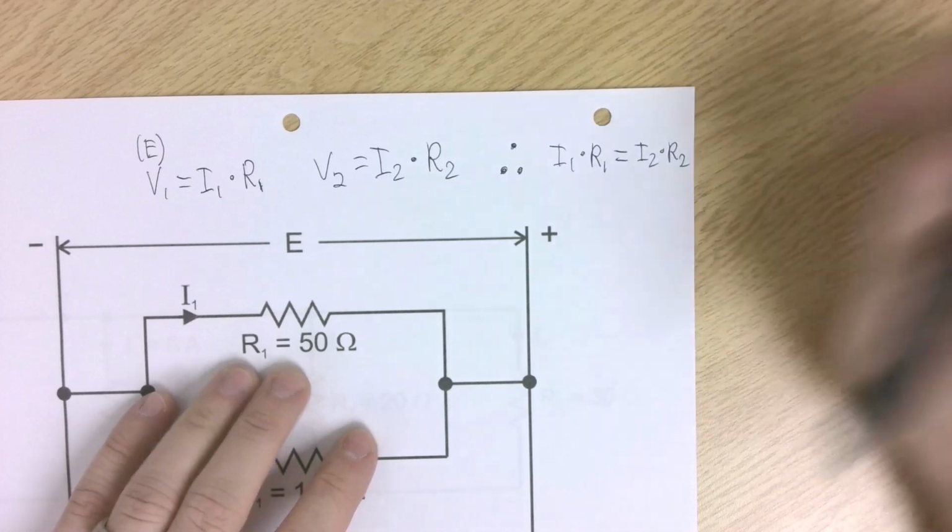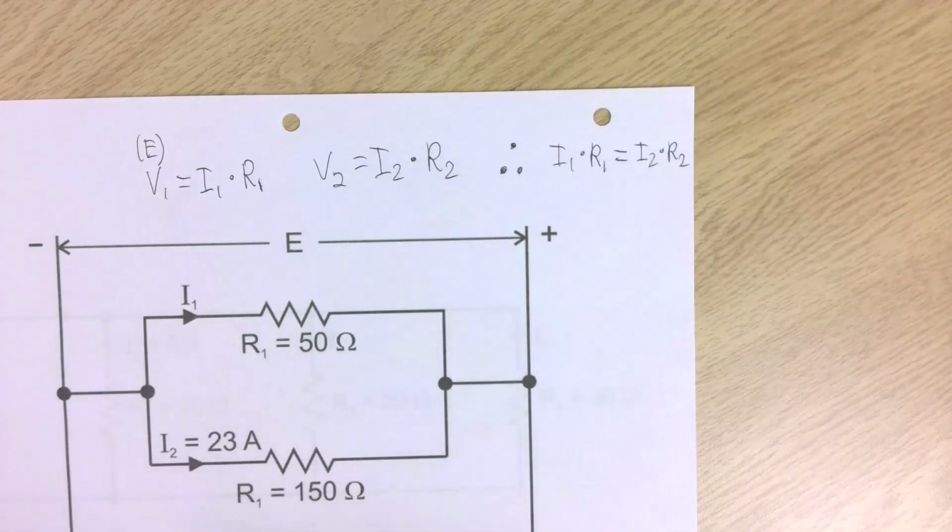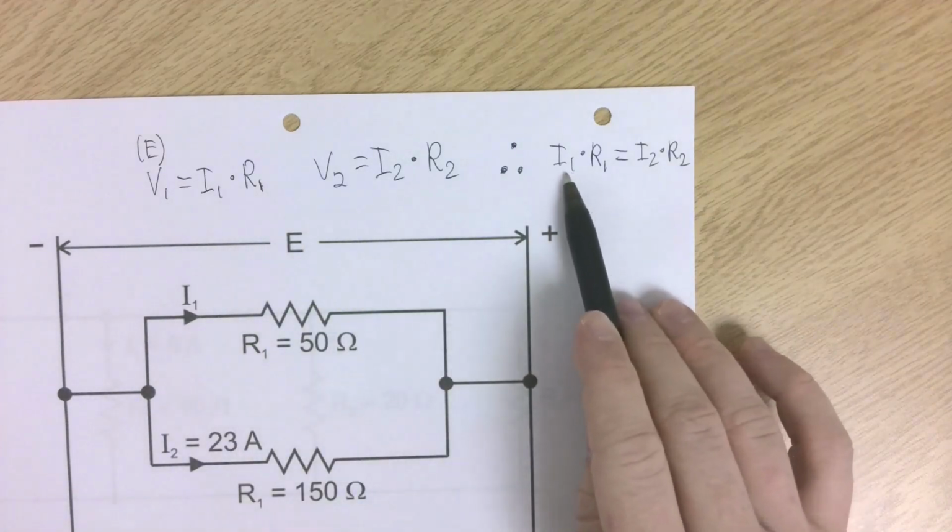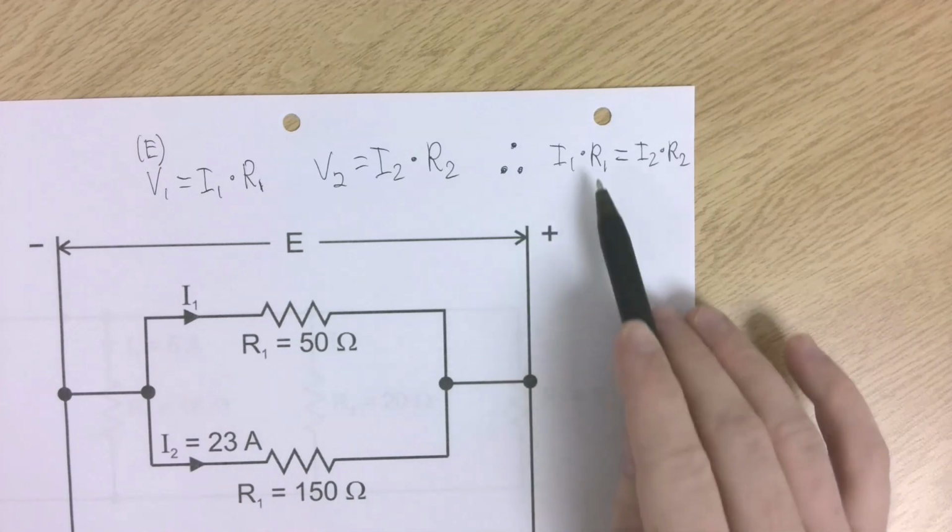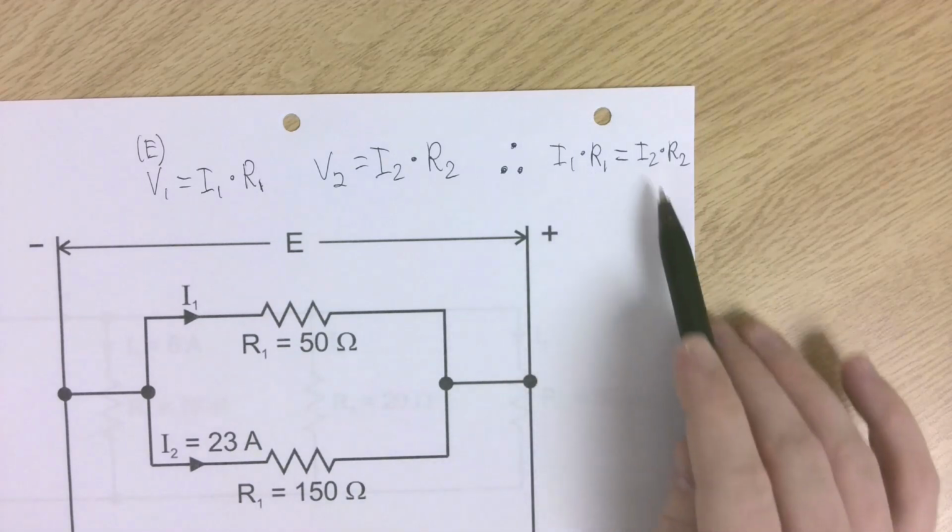Okay? And so in this situation, we don't have voltage, but we have I1 that we're looking for, and we have a value for R1, I2, and R2.